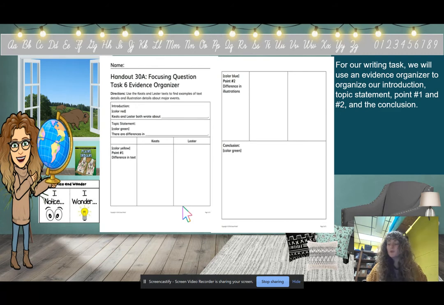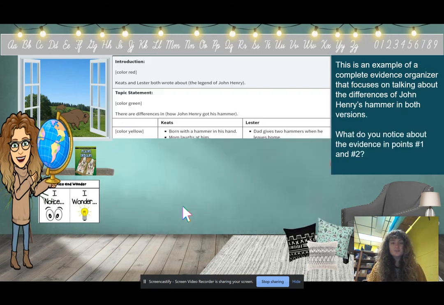All right, so we are going to be using this organizer to help us find those differences in the text and the illustrations for one event. So we are going to be looking at one event today, and we are going to be talking about the differences that we see in the text for point 1 and the illustration for point 2.